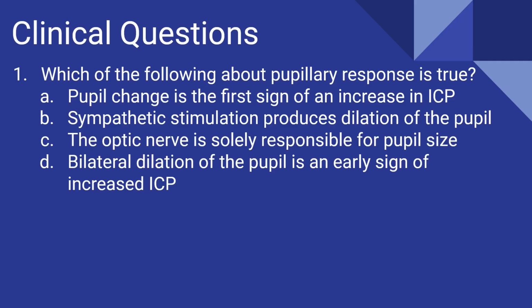So in these kinds of questions, they're really asking you to pull back from your neuroanatomy and to know what a change in pressure would cause. So when we look at this question, we're really thinking about what does sympathetic stimulation do, what does parasympathetic stimulation do, and what would a change in pressure end up causing.